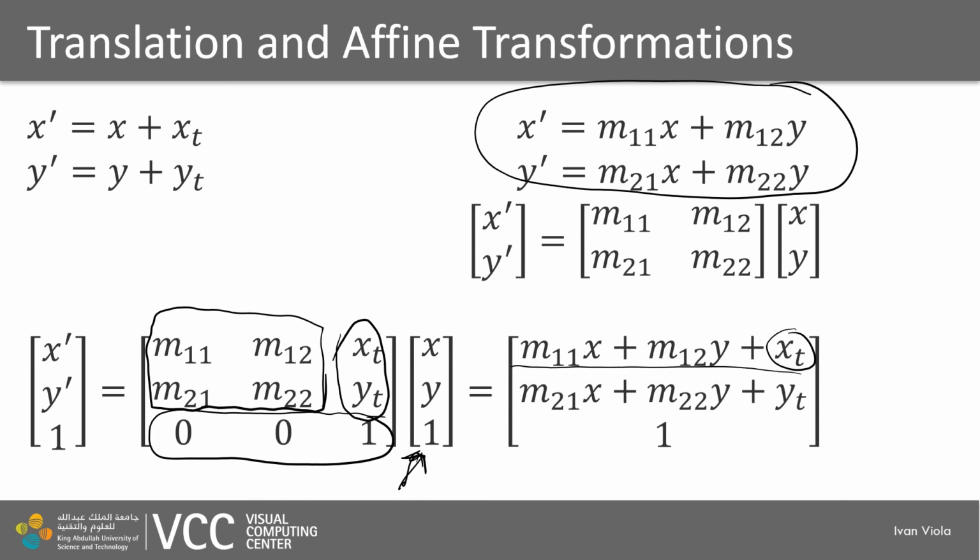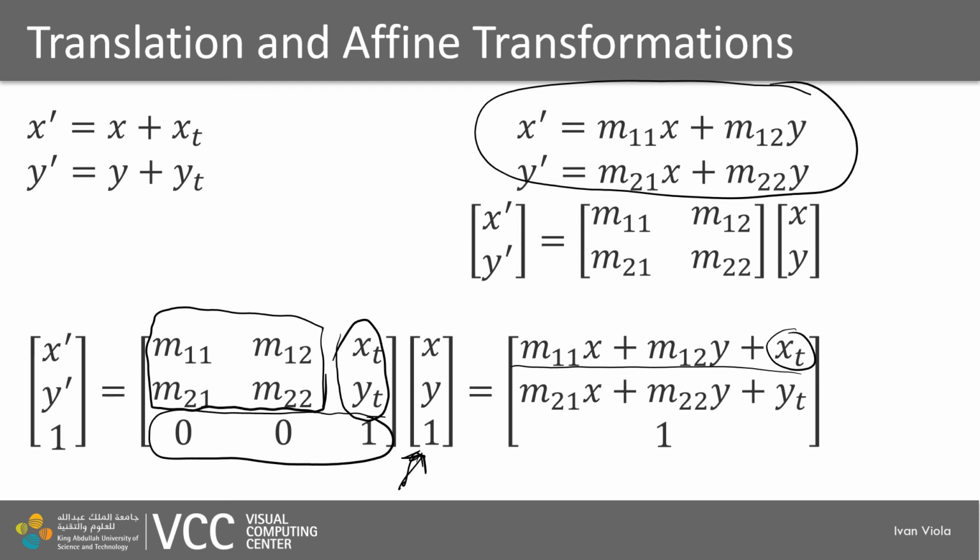So while it would, on one hand, be possible to treat the translation separately, as there is no representation possible for a 2 by 2 matrix to express a translation, this would mean, if we have a separate handling of the translation, that we will need to do a lot of bookkeeping when we are concatenating various transformations together, including the translation.